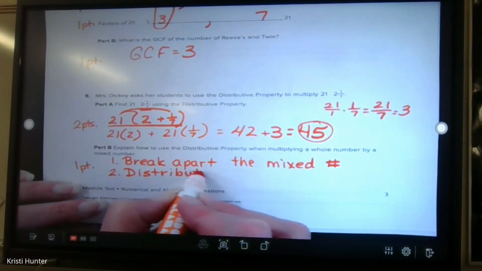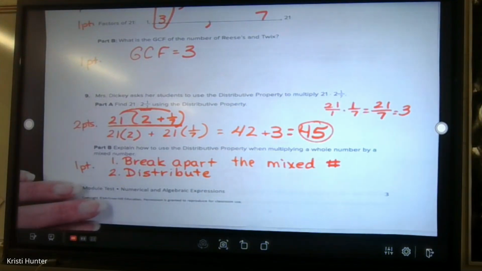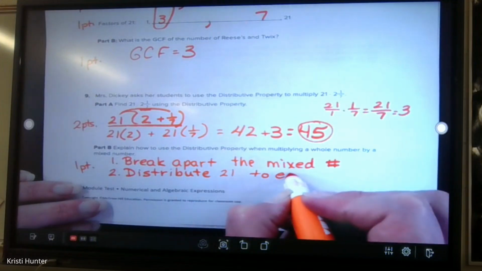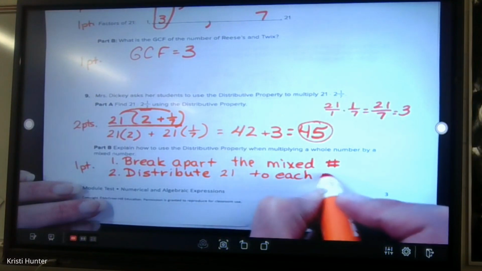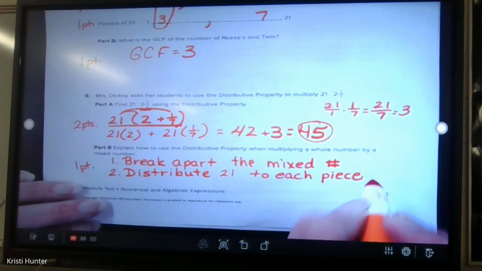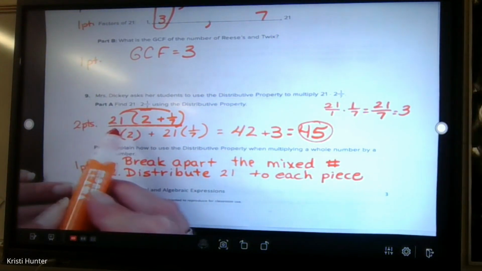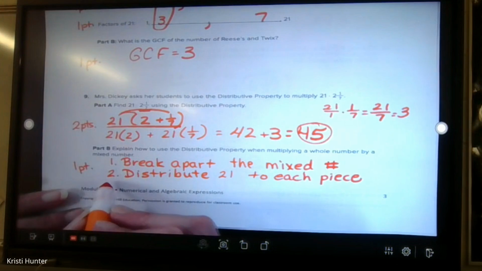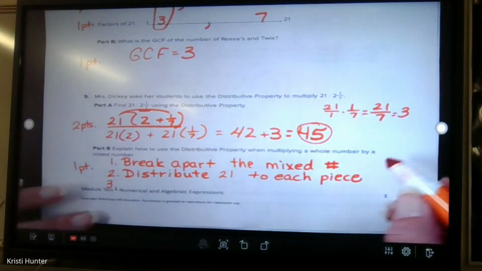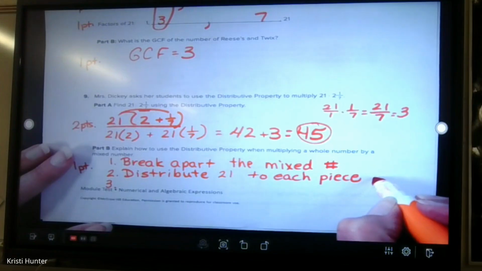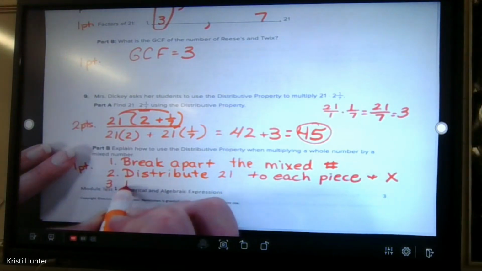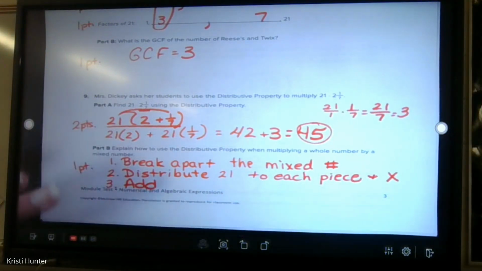Remember, we talked about that means we're going to pass out 21 to each piece, because 21 was already pulled out as my greatest common factor. I should say each piece and multiply. And the third step is just to add those pieces together that I got.